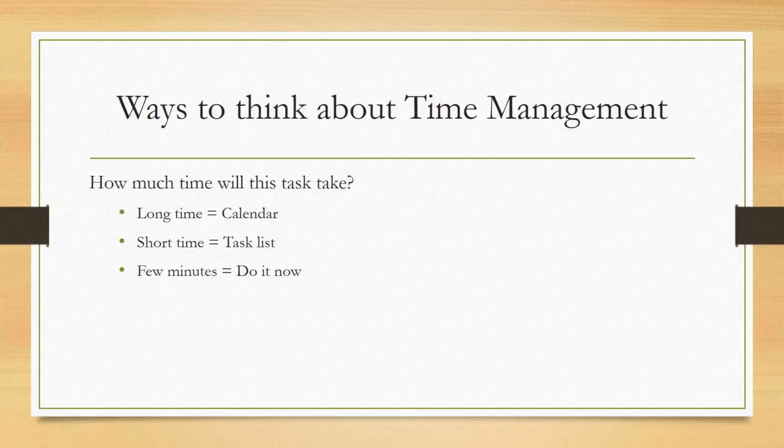And if it's something that comes in and we say, oh, well, this is only going to take me a couple minutes, go ahead and do it now. The best thing for efficiency is going to be to take care of it right away if it's something small. That way you're not spending time scheduling it and completing it and just really tracking something that can be done kind of on the fly.